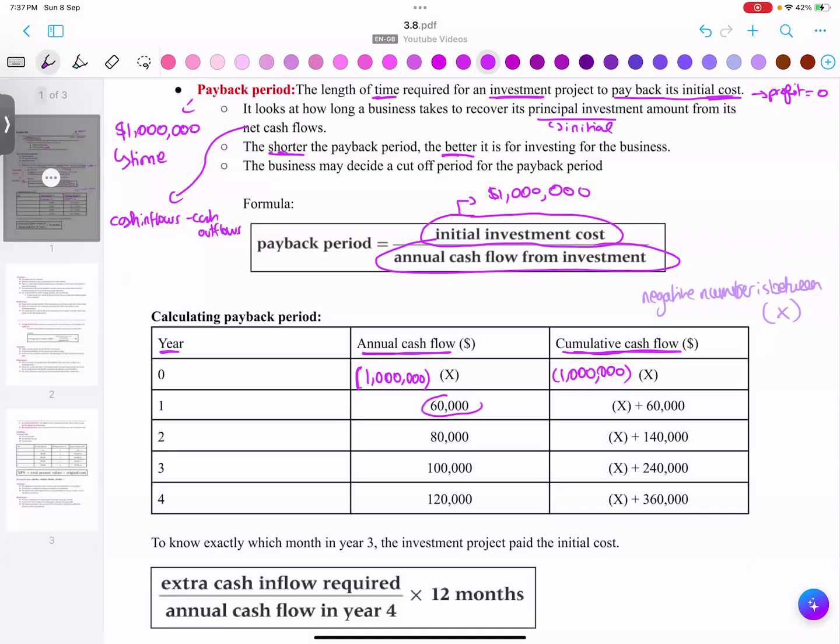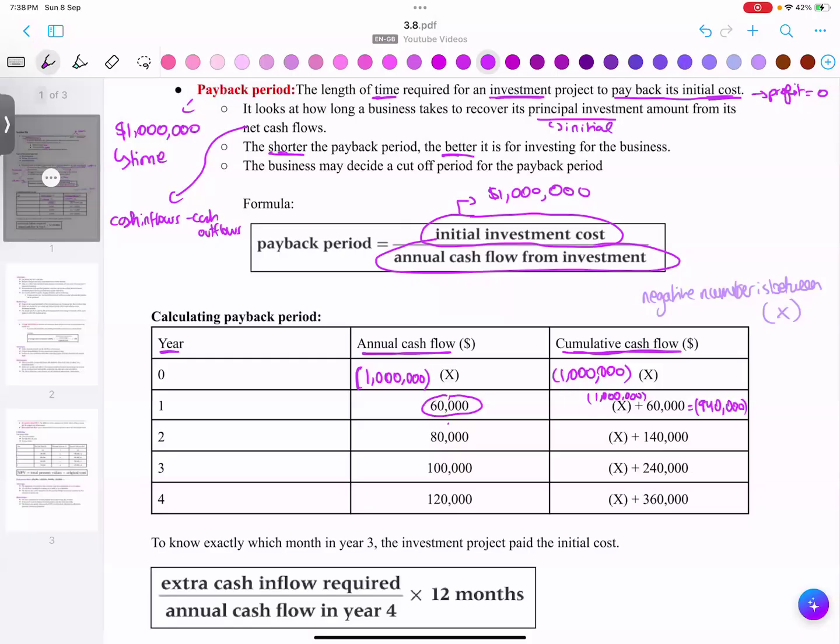So the cumulative cash flow will be (1 million) plus 60,000, which is equal to (940,000). Okay, so this is how you write it.